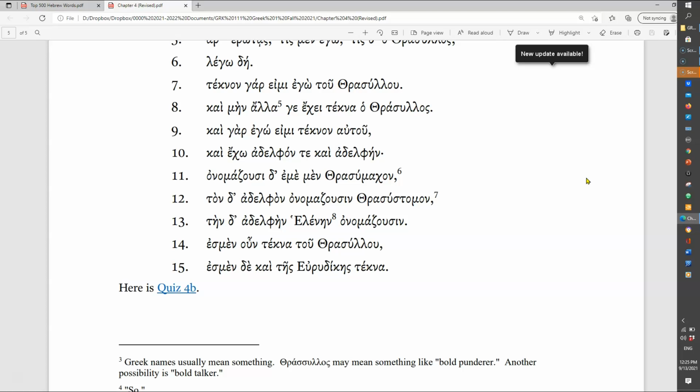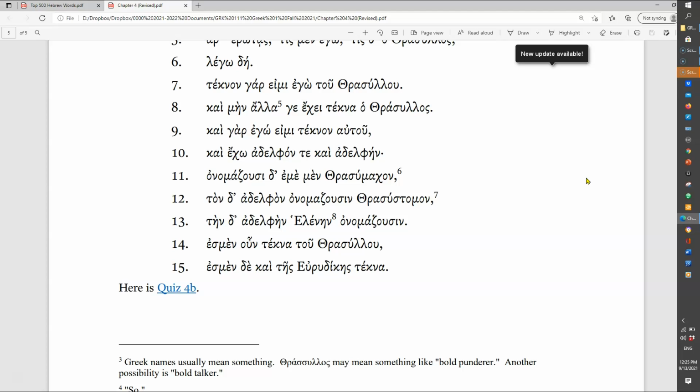Okay. You guys tell me, what's the difference between these two sentences? I am named Thrasumakhon, or they name me Thrasumakhon. What's the difference in English? The difference is the action, because your parents named you. Right. It's the difference between an active and a passive verb. They name me Thrasumakhon.